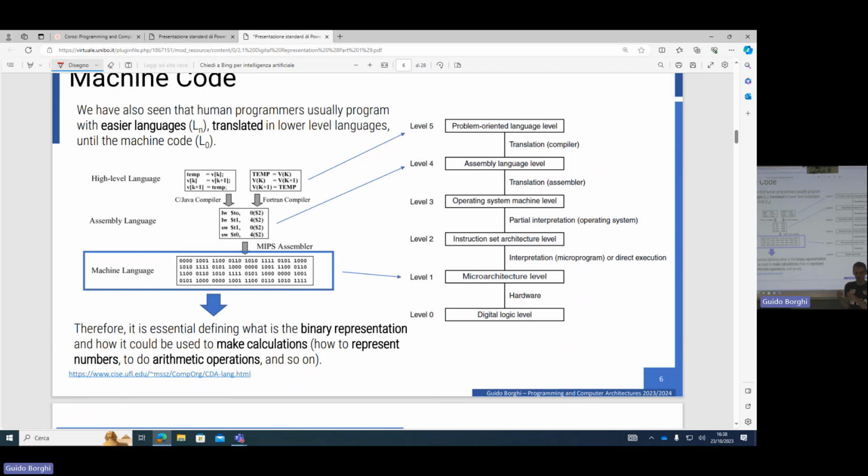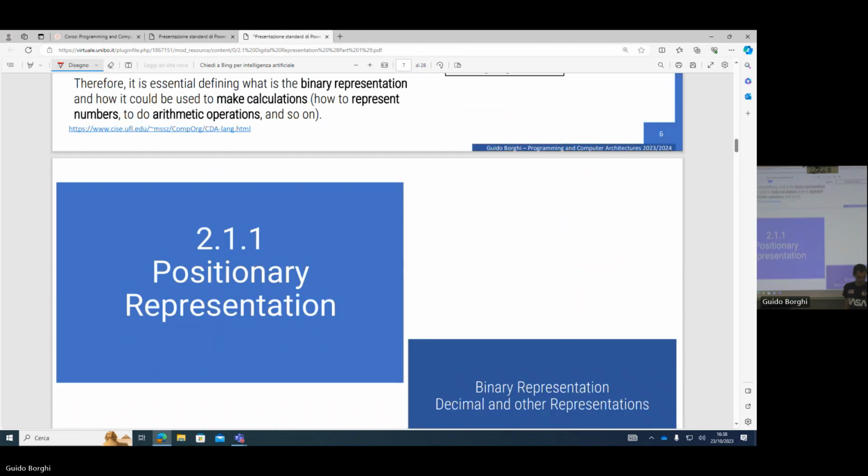So we have a new CPU, so we have to create a new assembly language. Maybe we find new, more efficient operations with assembly language, and so on. So there is also research work on the assembly language. Other questions? Okay.